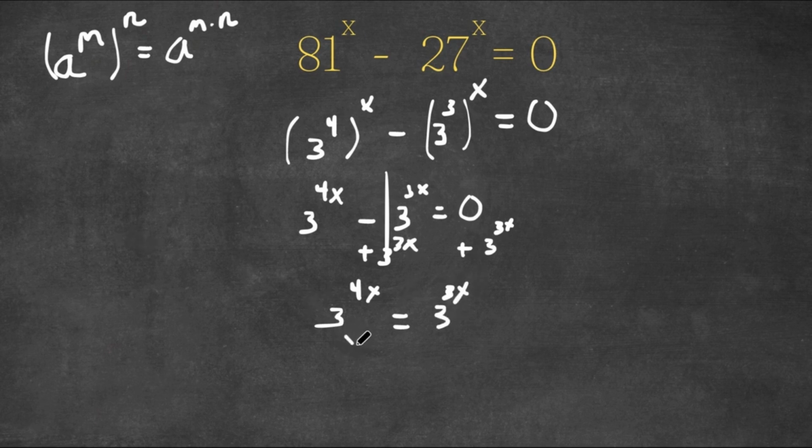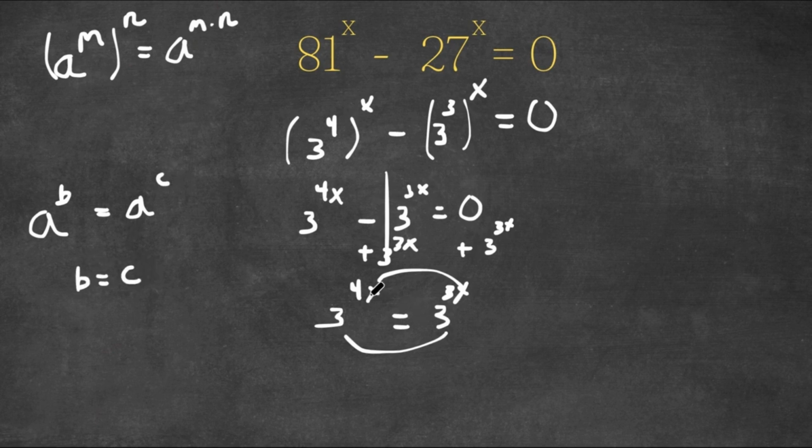Because these two bases are the same, the exponents are the same as well, because if a to the power of b equals a to the power of c, this means that b is equal to c, meaning 4x is equal to 3x.